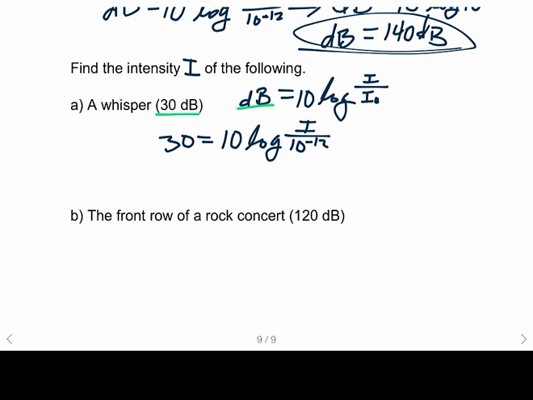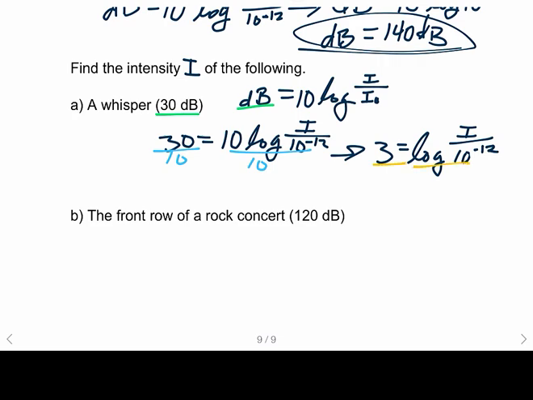Now, first, I'm going to divide both sides by 10 to get the log portion all by itself. And that's going to give me 3 is equal to the log of I divided by 10 to the negative 12. Now we're looking at a logarithm is an exponent.